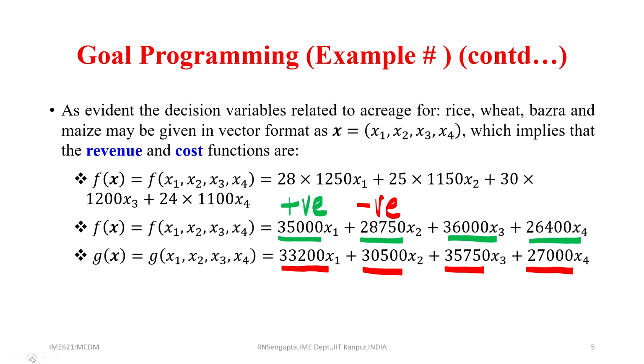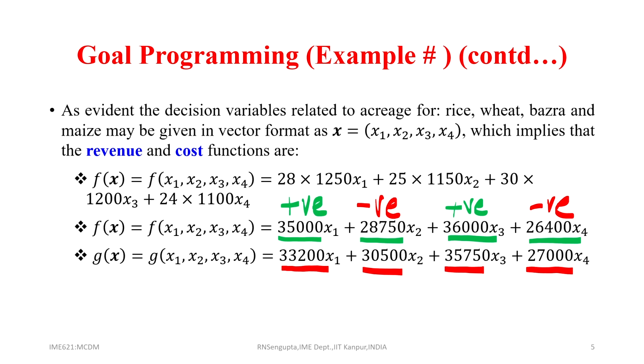If I consider the third, which is Bajra, it is positive, because 36,000 is more than 35,750. And finally, if I consider the maize, which is the fourth variable, here 27,000, which is the corresponding cost, is more than 26,400, which is the revenue. So, these are positive, negative, positive, negative.